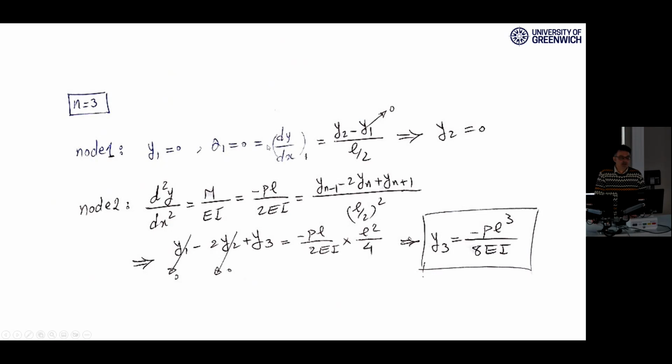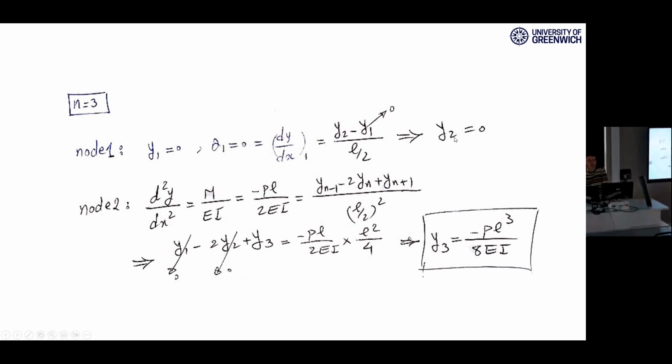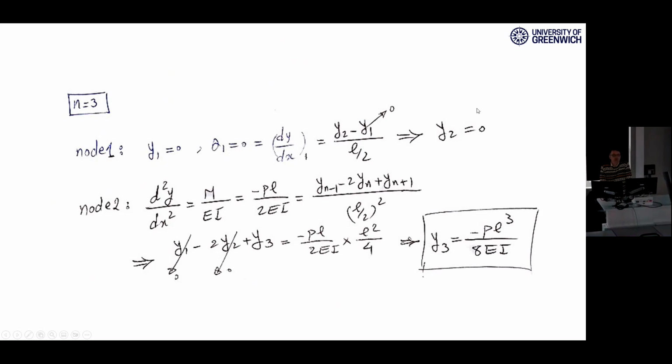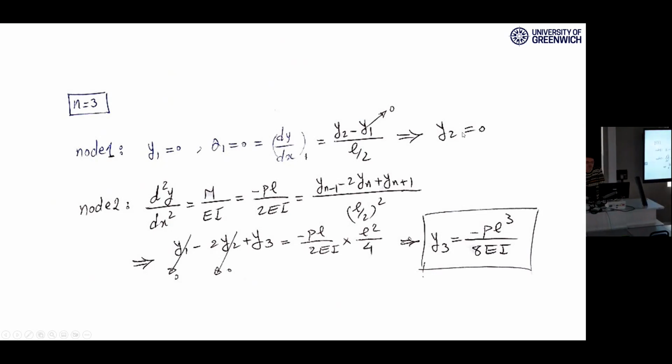And if theta 1 is 0, which means the first derivative of y is 0, and the first derivative of y is y2 minus y1 over the segment length, which means y2 is 0. Don't worry about it. I will discuss why this got 0.